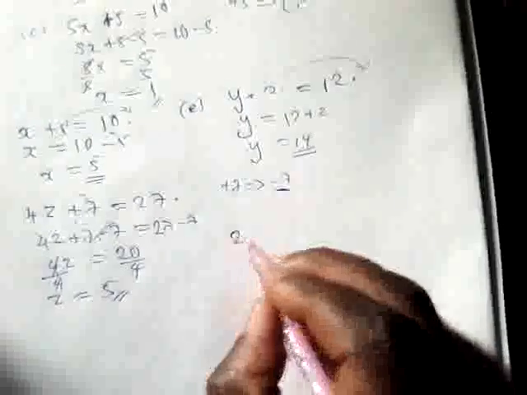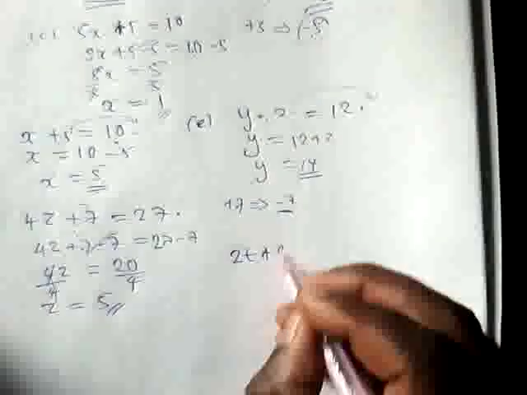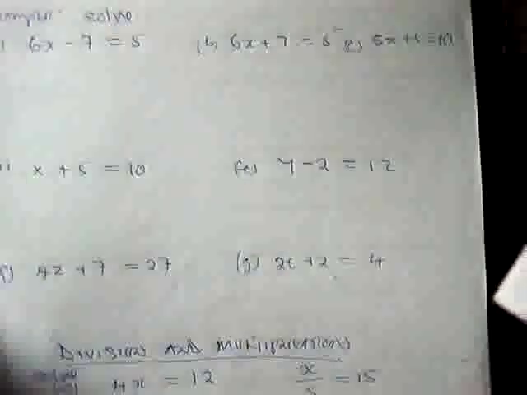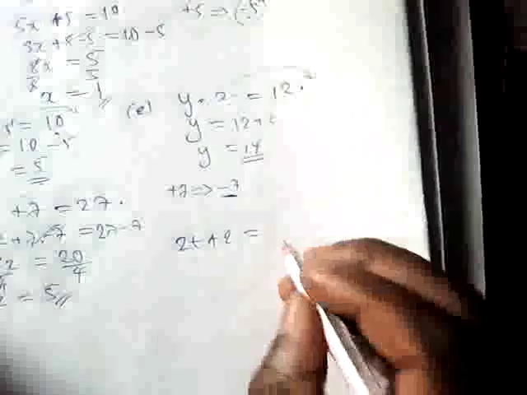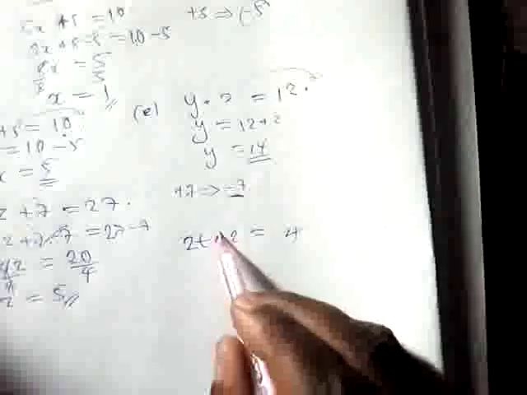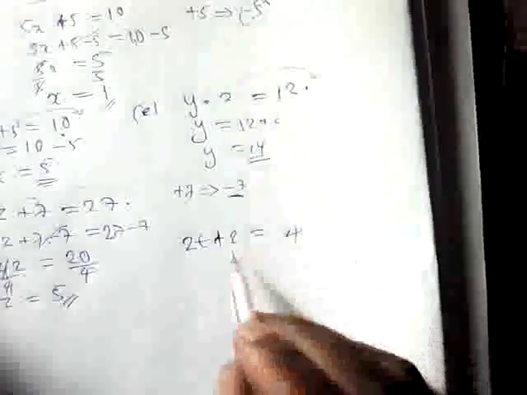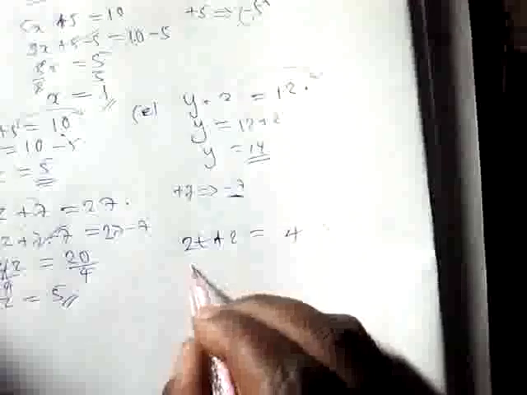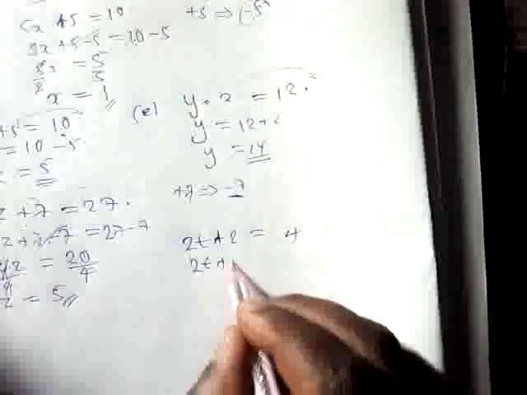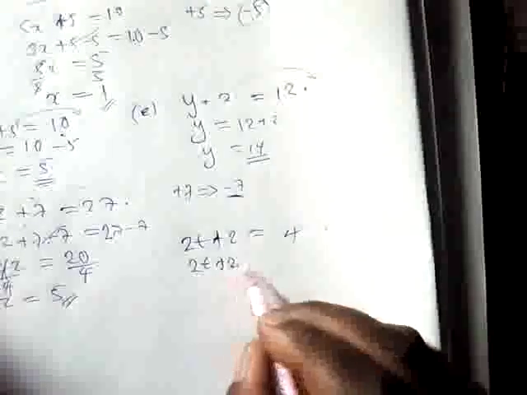We have 2t plus 2 is equal to 4. So in this case, we want to eliminate this. So this goes that side, it will be negative. So it's the same as 2t plus 2. So since this is positive 2, we introduce the opposite of positive 2, which is negative 2.